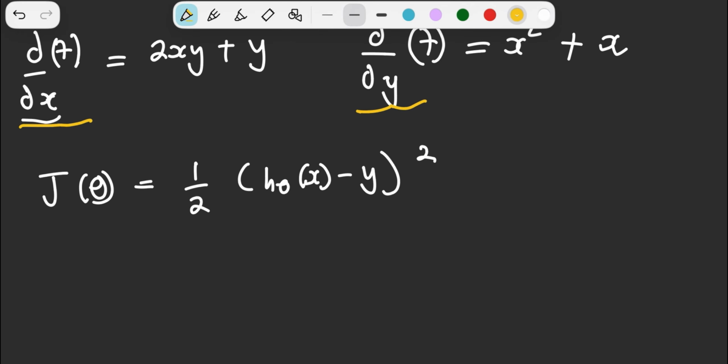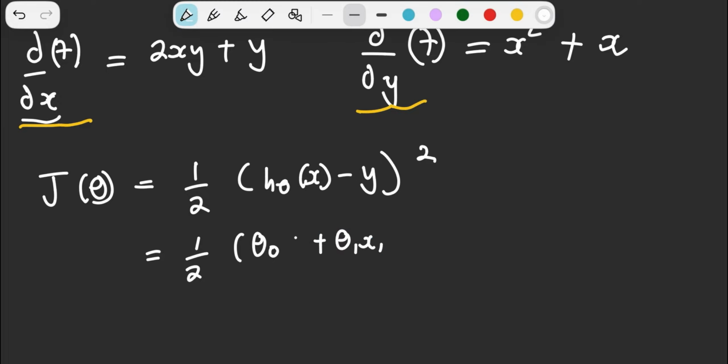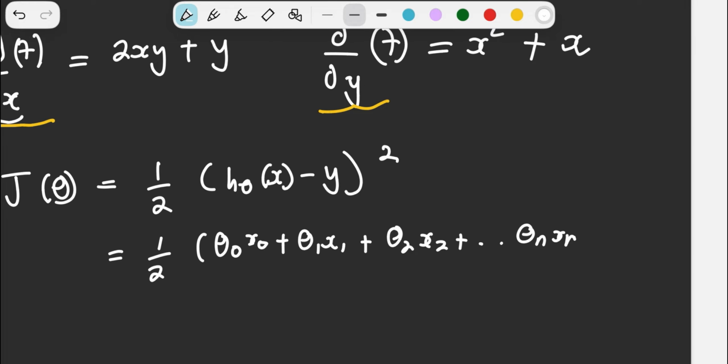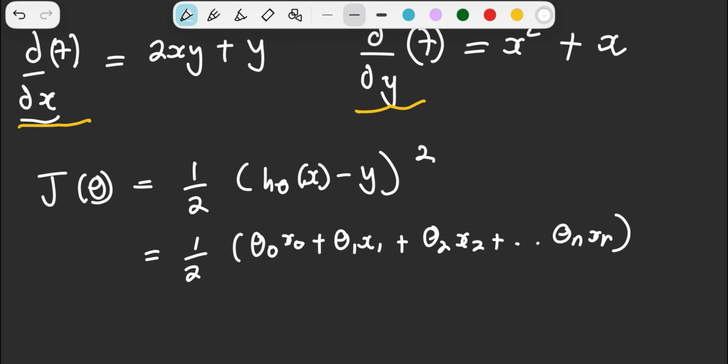Okay, so J of theta can be written as 1/2 times theta 0 x0 plus theta 1 x1 plus theta 2 x2 plus theta n xn. That's basically what h theta of x is, and then minus y, all of that squared. So this is basically what J of theta actually is.